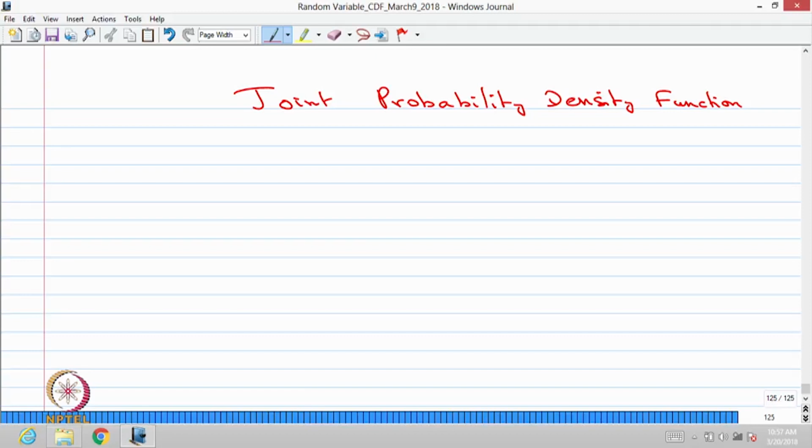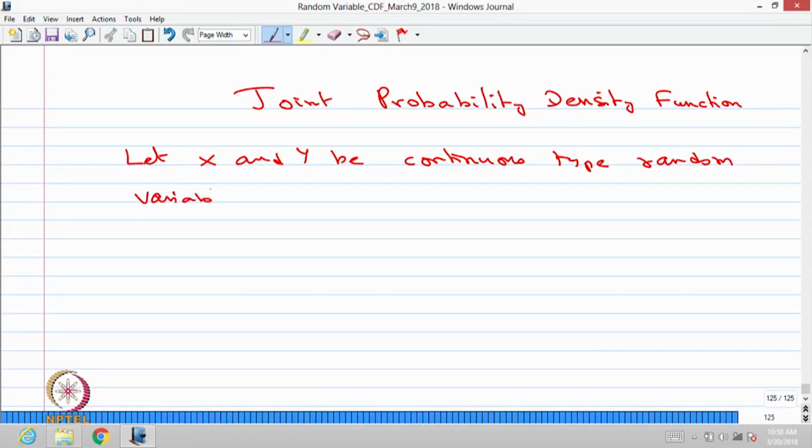Let me start with the 2-dimensional random variable. Let x and y be continuous type random variables with the joint distribution, that is capital F, a function of x comma y.